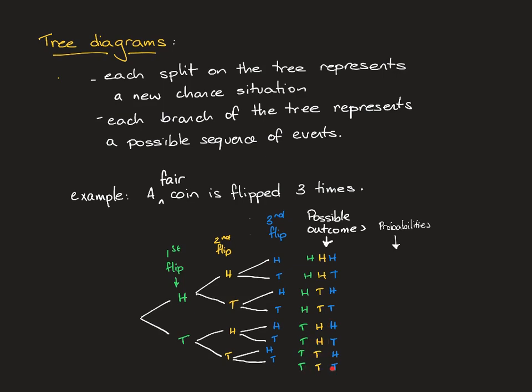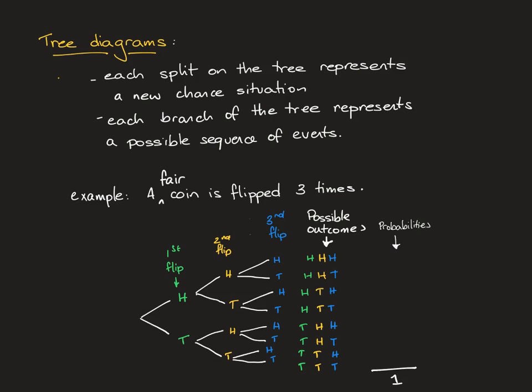And we can work out the probabilities of those outcomes if all of these splits are equally likely. So this is a 50-50 split. That means that each one of these particular outcomes is also equally likely. And we know with probabilities that the probabilities should total to 1.